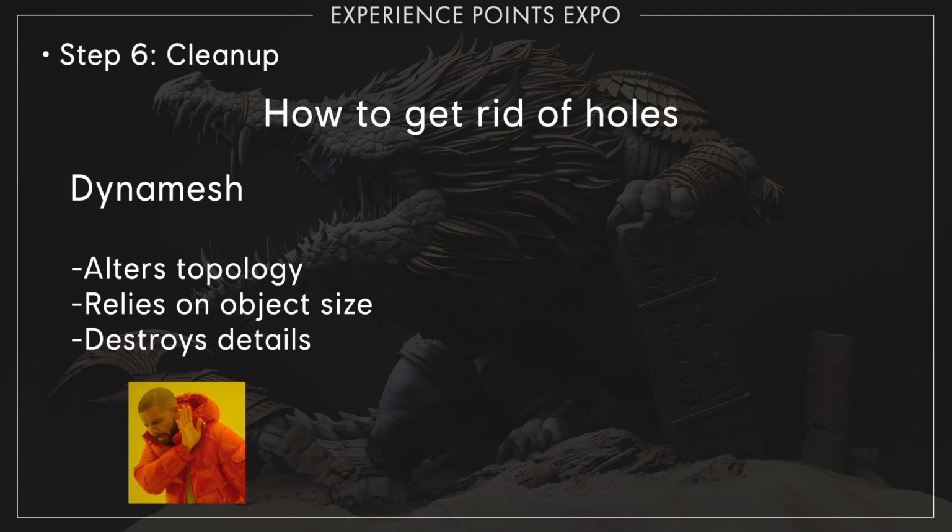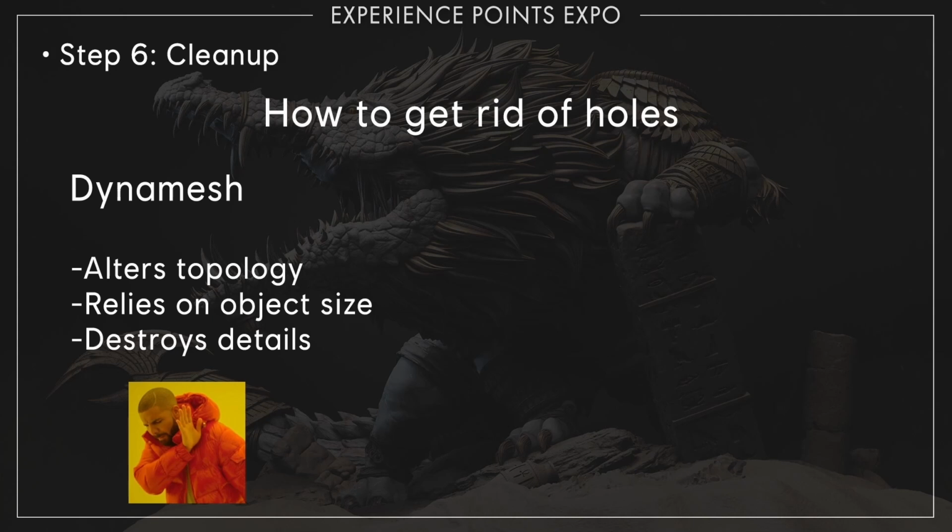So it's heavily reliant on the object size, and if you did some custom topology or stuff like that, it will completely destroy it, and it will completely destroy details as well if the object is too big compared to that box.